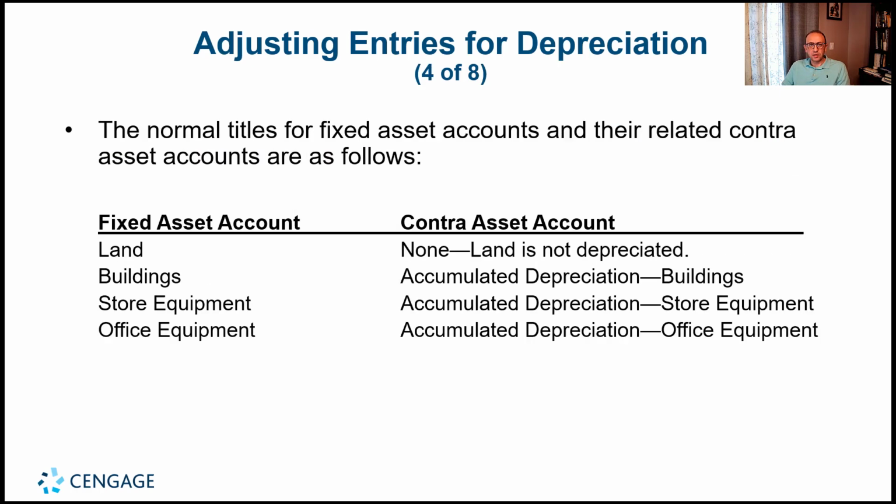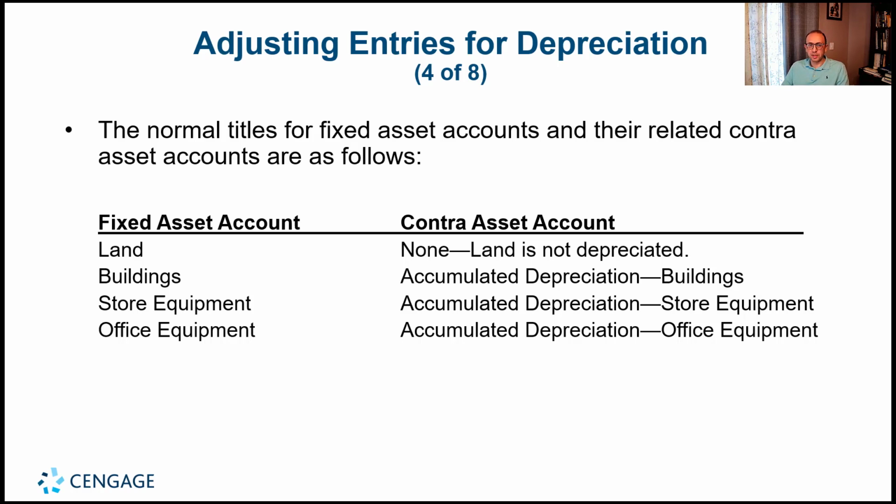So let's see some titles for some of the fixed assets and the related contra asset accounts. As we said, land is one of those assets that never depreciates. Land is going to stay for as long as we're there. So land does not depreciate, and this is why it doesn't have a contra asset account. For building, we just call it accumulated depreciation dash building.